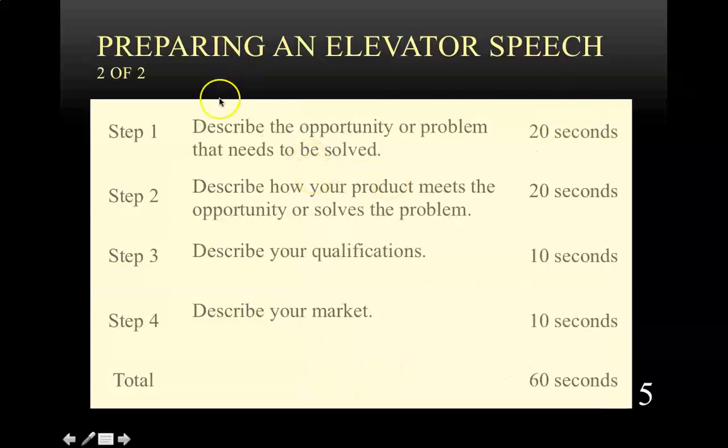You can have a look at this yourself, but it's what should be in an elevator speech. Describe the problem that needs to be solved, describe how your product meets that and solves the problem, describe your own qualifications, describe your market, total 60 seconds. In and out, not simple. That's just an idea of what an elevator speech is, and before someone ever gets your business plan or your concept statement, the elevator speech is usually the first thing that will happen.